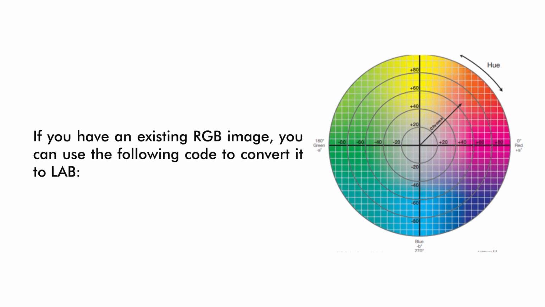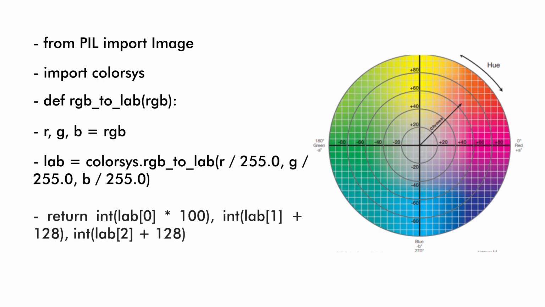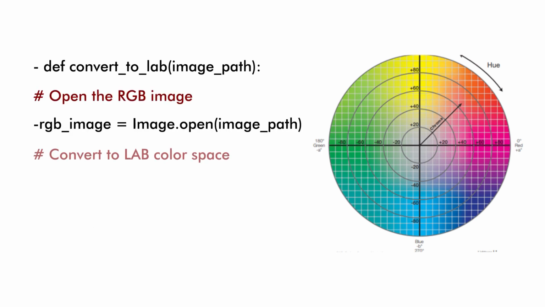If you have an existing RGB image, you can use the following code to convert it to lab. Again, you can implement this code in your system and check whether the image is converted or not. So, again, we have to open the RGB image with Image.open, convert to lab color space with the convert method, and decide the range for the width and height of that particular image.